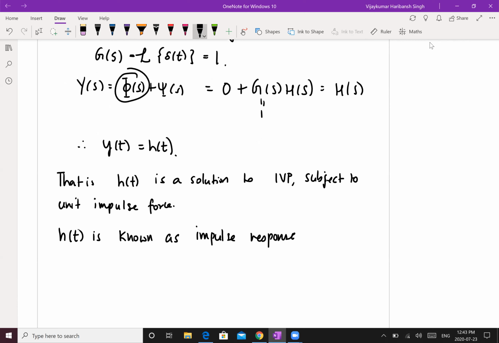When the forcing function is the unit impulse function, you get a solution to this differential equation, which, by definition, is known as the impulse response of the DE.